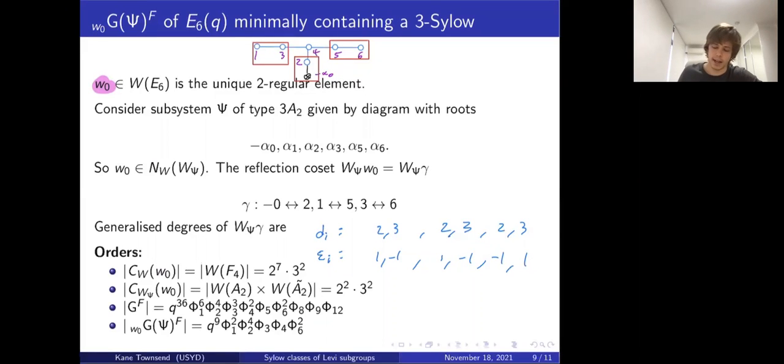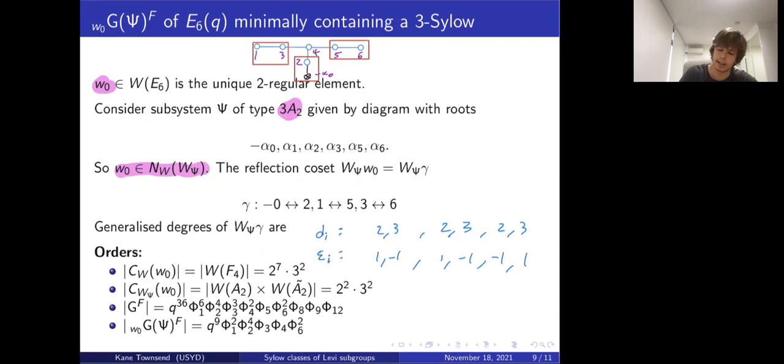And then I take a subsystem of type 3A2 given by these roots in the diagram. So I've added in the negative of the highest root. And then we can quickly check that w0 is in this normalizer, just because the roots are getting sent to the negatives of each other or fixed or to the negatives of themselves.